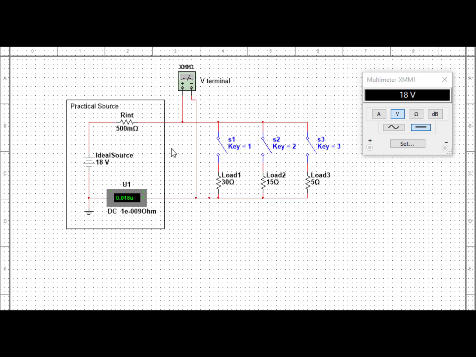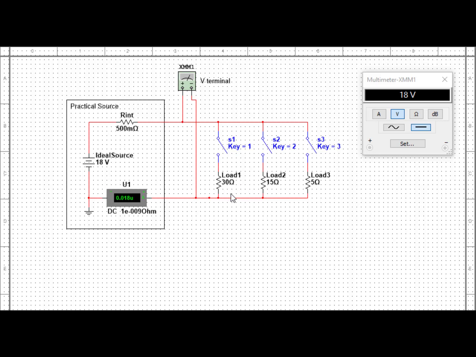Now in this case we've got V terminal represented by a voltmeter between the positive and negative terminal of the source. If we looked at those previous drawings, V terminal was showing the terminal voltage between the two terminals of the practical source, the positive and negative terminal.